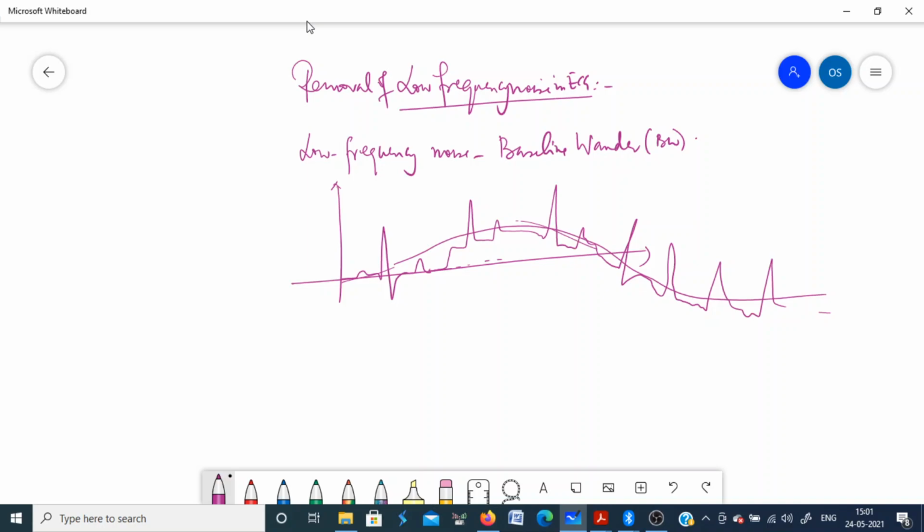Okay, now due to this baseline artifact or baseline wander, there is a difficulty in the analysis of this ST segment.